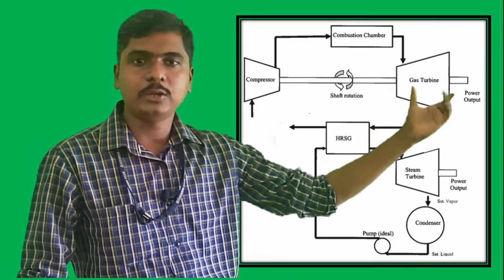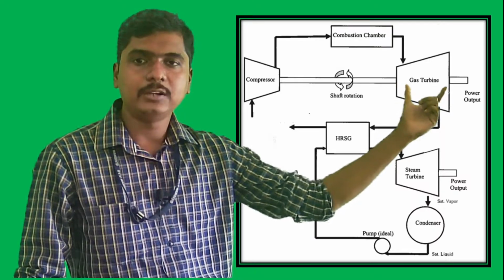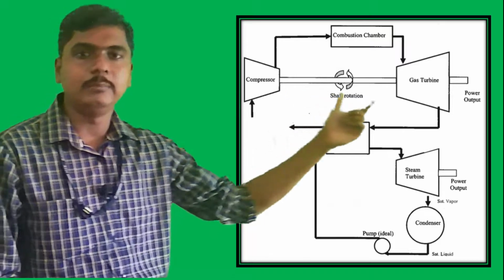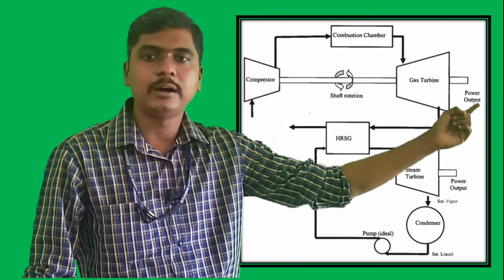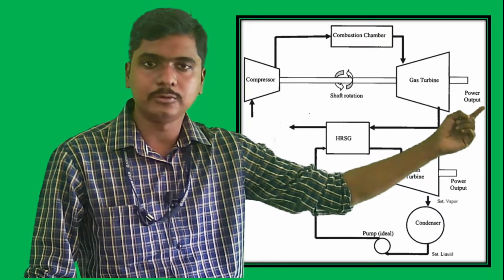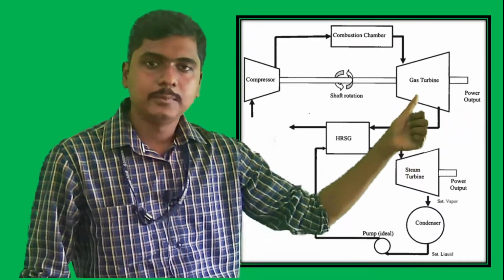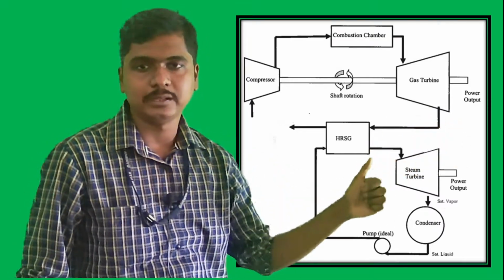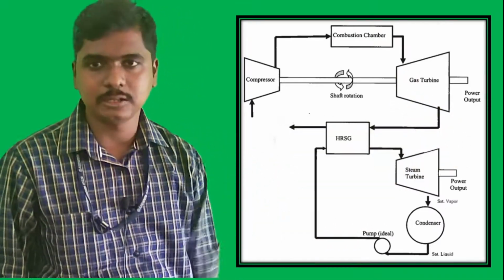A part of the turbine work is used to drive the compressor, and the remaining part is our useful mechanical work output. In an open cycle gas turbine, the exhaust is released to the atmosphere.